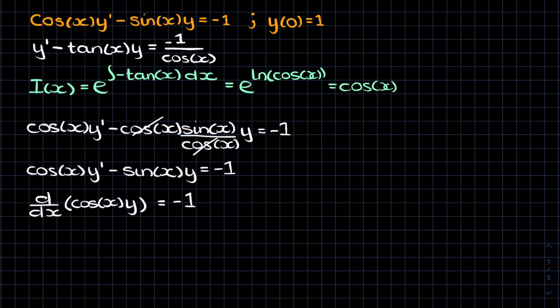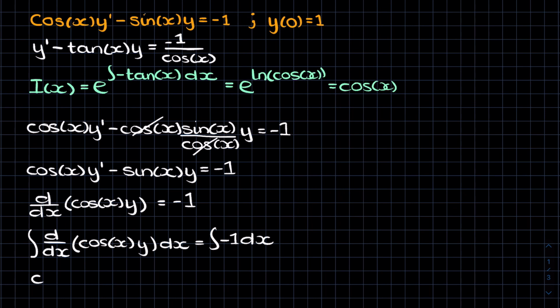Now what we can do is take the integral of both sides, so we'll get d dx of cosine of x y dx equals the integral of minus 1 dx. Now on the left hand side, our integral and our derivative are going to cancel each other out, and we're going to get our integrating factor multiplied by y, and that is always the case.